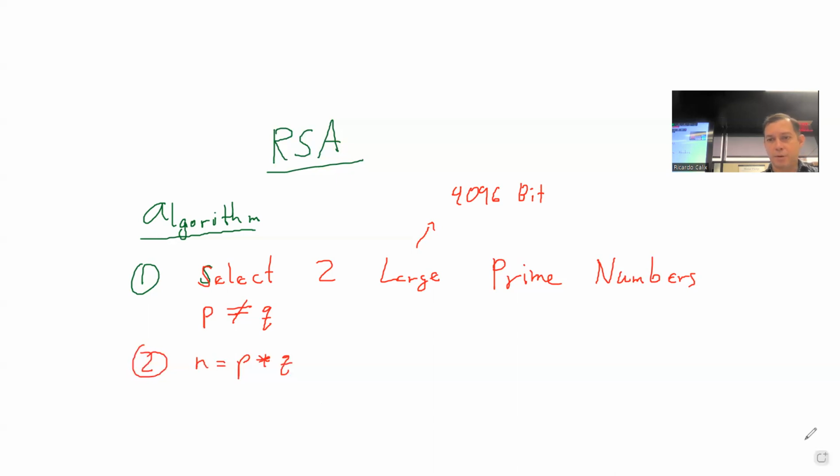Then step number 3, I'm going to go to another page. Okay, so step 3, now you're going to calculate a value which is called phi, usually denoted by this letter. Sometimes when I write the code, I'll just write phi like that, but it's basically the same variable.